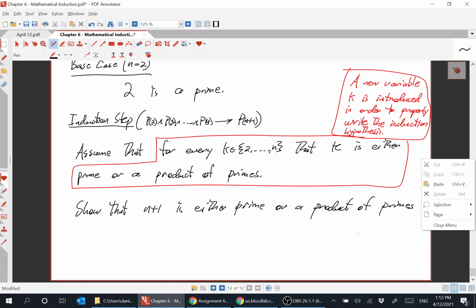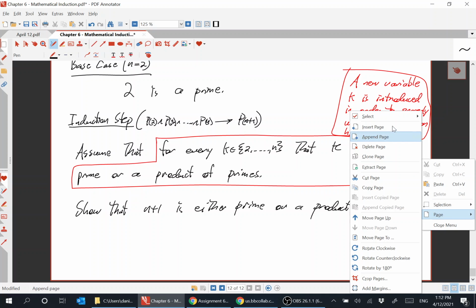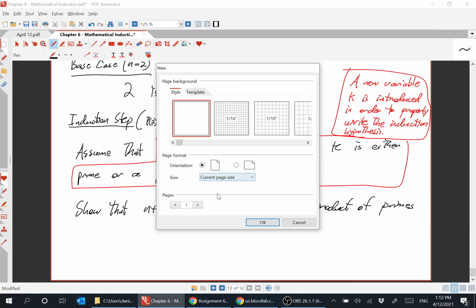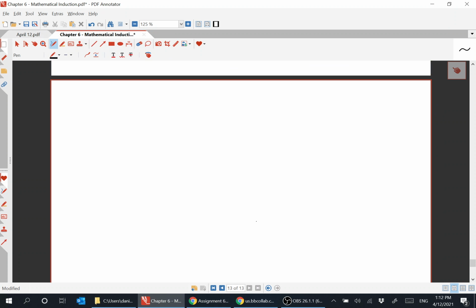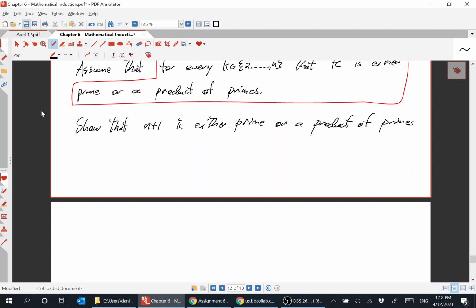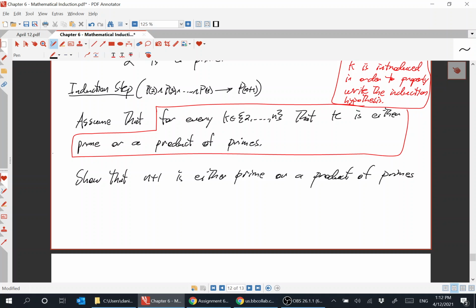Alrighty, well, if you want to show that something is either A or B, assume it's not A, and then go from there. So we write like this. Well, if n plus 1 is prime, then we're done.